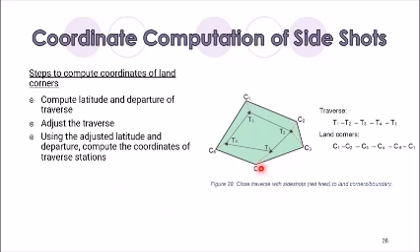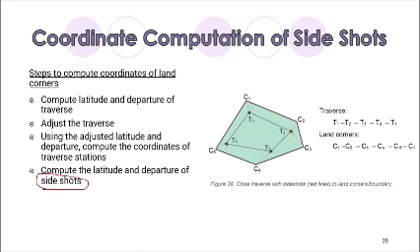Next, using the adjusted latitude and departure, compute the coordinates of the traverse stations. Once the traverse is adjusted, the next step is to compute the coordinates of T1, T2, T3, and T4. Then after that, compute the latitude and departure of the side shots, meaning the latitude and departure of these red dotted lines.